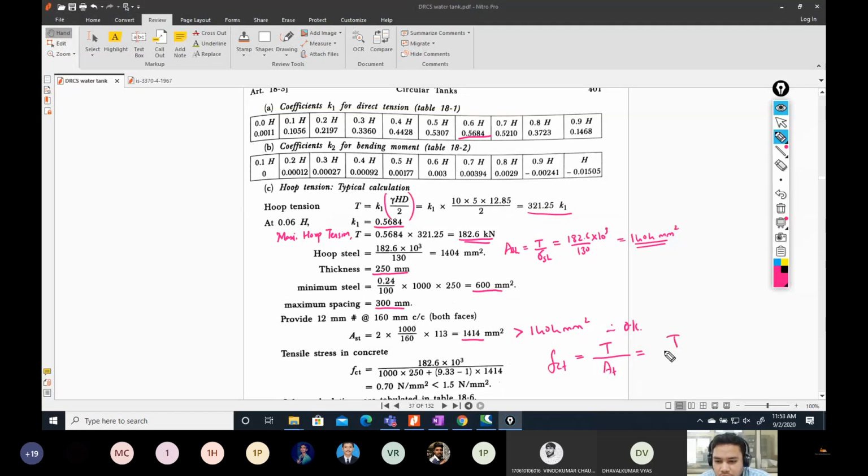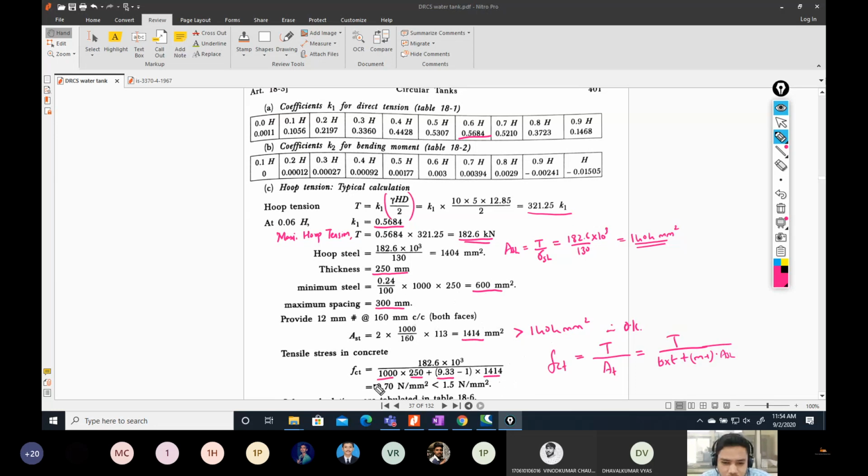The transformed area is width into thickness plus modular ratio minus 1, m minus 1, times ASH provided. Here the 1 meter width is considered, so 1000 into thickness 250, and the modular ratio is 9.33 for M30 grade, minus 1, times ASH.